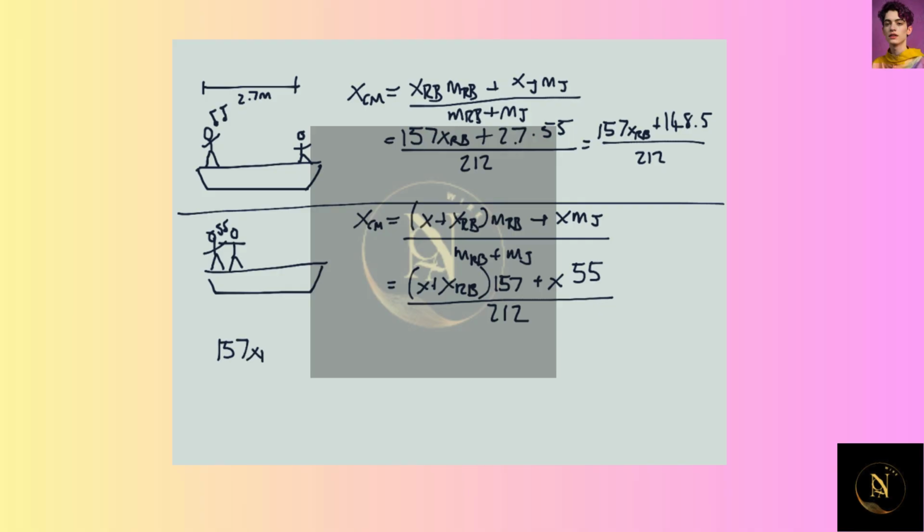157 XRB plus 148.5 divided by 212 is equal to X plus XRB multiplied by 157 plus 55X over 212.